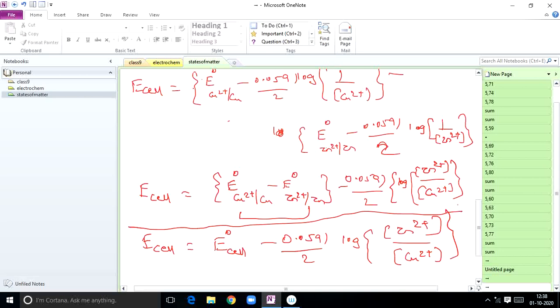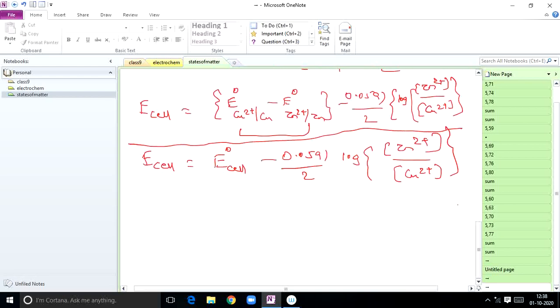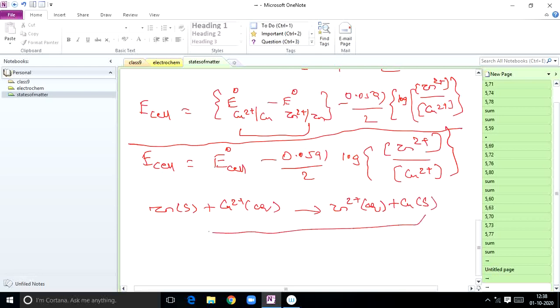So it is products over reactants. For this reaction, what is the actual parent equation? Zn solid plus Cu2+ aqueous. You can do it directly; I was just deriving how you get it. But while doing numericals, don't derive the whole thing. This is the actual redox reaction for you.